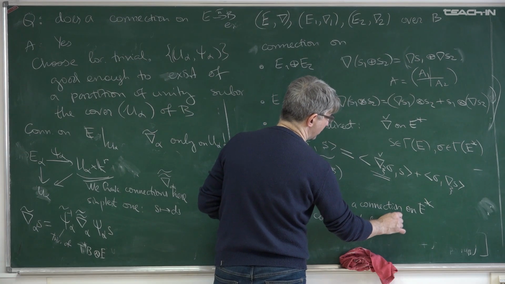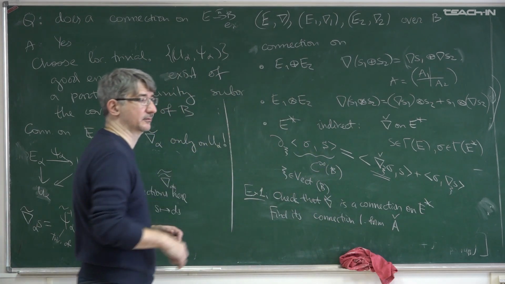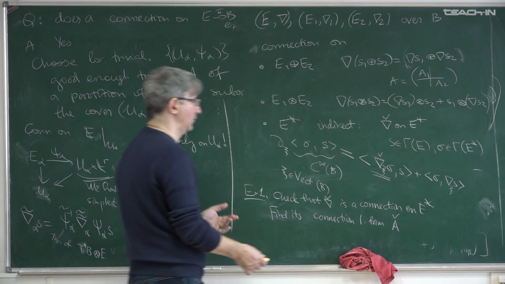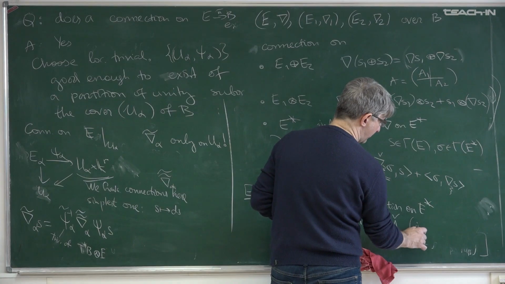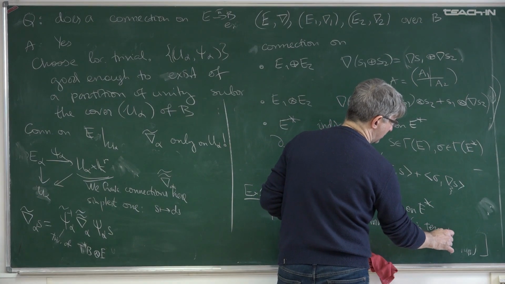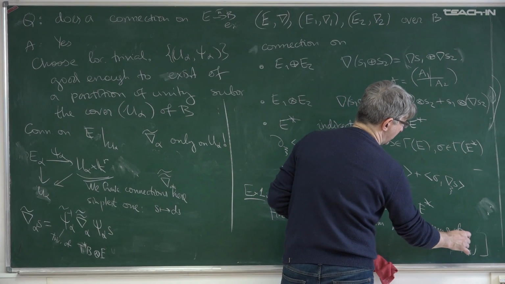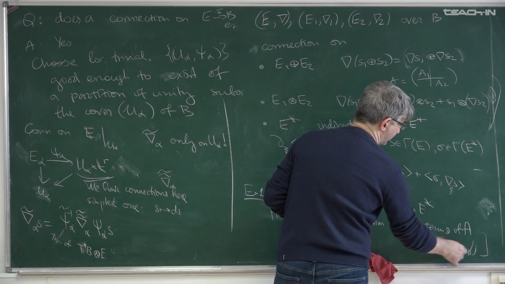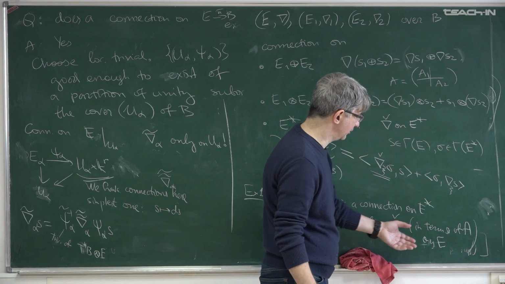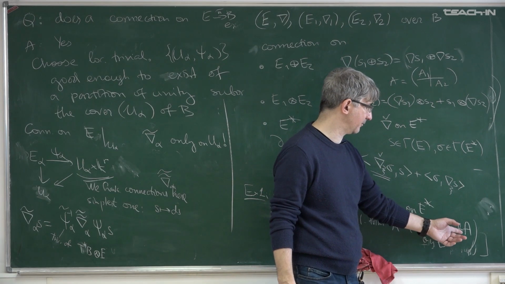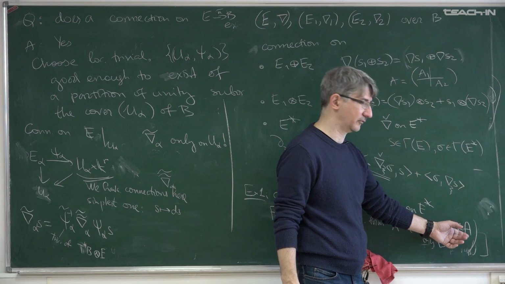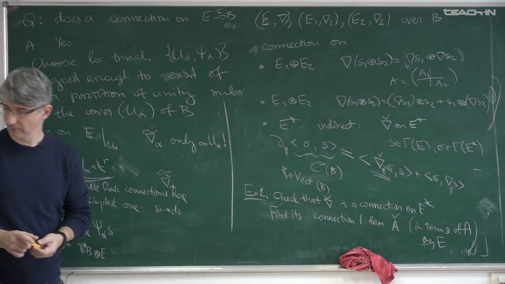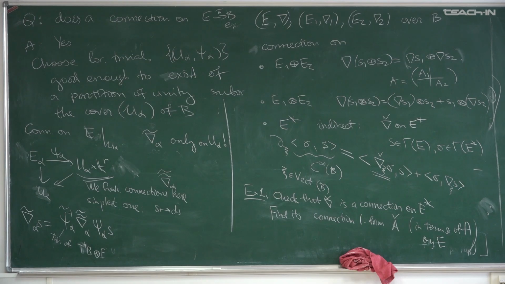I would denote it by A with a check. To be more precise, in terms of A on E. Because you have a connection on the initial vector bundle E, so you have a matrix valued one form there, so you can solve this exercise.